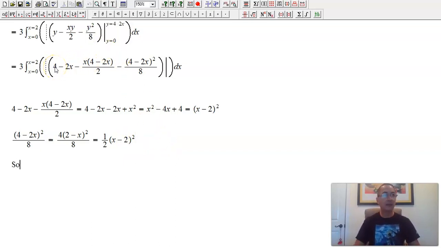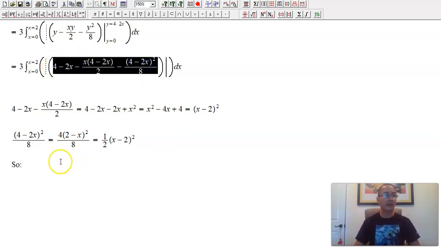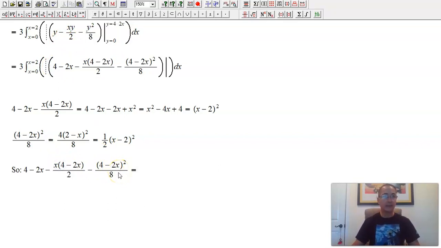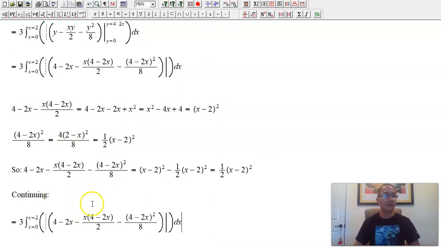So this whole thing that we have inside the integral, our integrand, is exactly, we said that the first 2 simplifies to this, and then we subtract this. So this minus half of it, you're left with half of it. That's all we got. So continuing, let's copy where we left off over here.